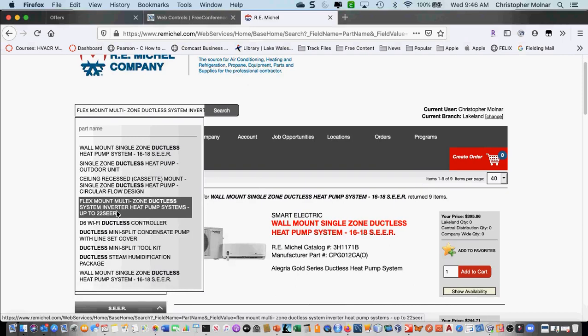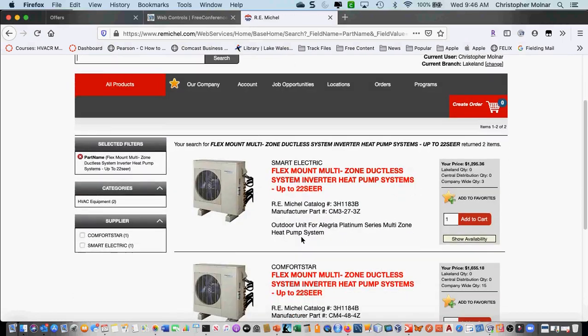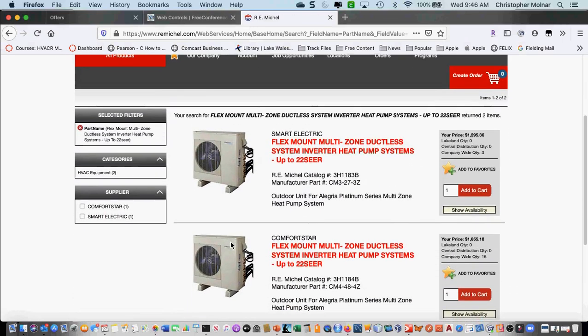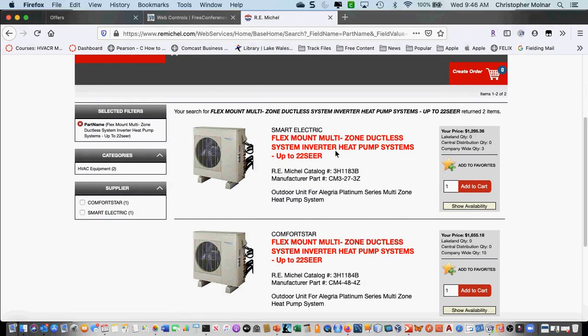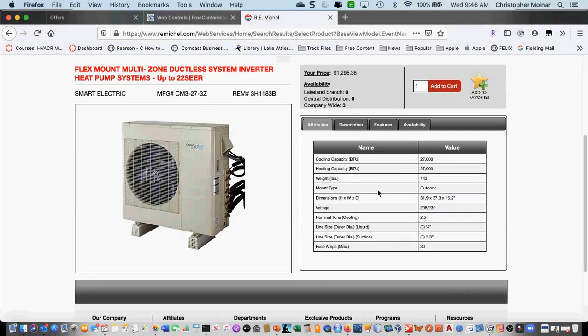Multi-zone. Okay, this one. This is just the outdoor unit. It handles up to 27, looks like it's four zones.